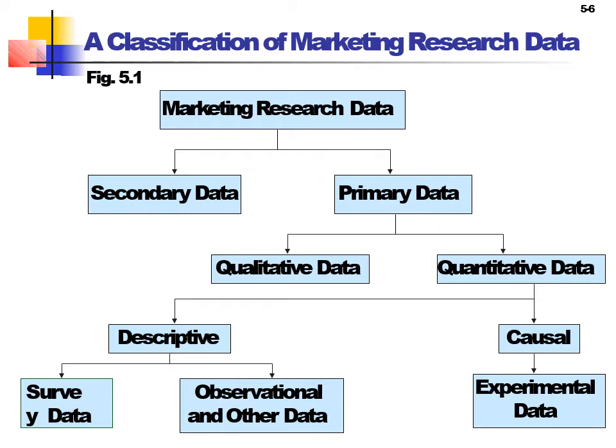The primary data is the data gathered by the researcher to investigate a problem at hand. It consists of two types, qualitative data and quantitative data. Both are ways to collect and analyze data, but qualitative data deals with words and meanings.